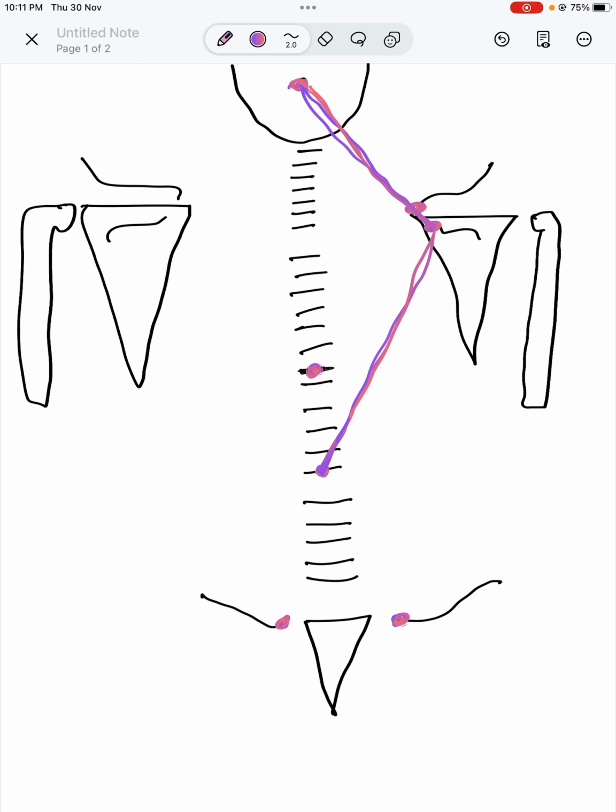Now we need what? We need the insertion, the point of insertion, right? All the fibers of this muscle are going to join together. They are going to cover the lower angle of the scapula, okay? And they are also going to cover the posterior ribs.